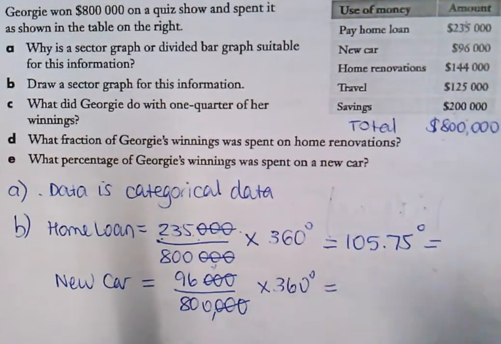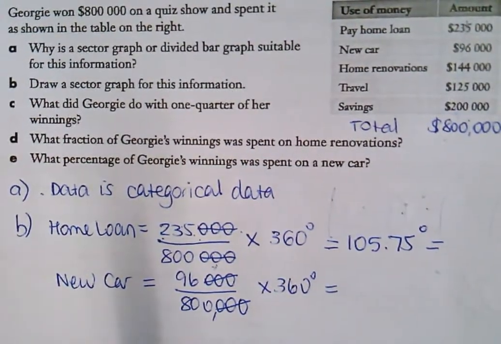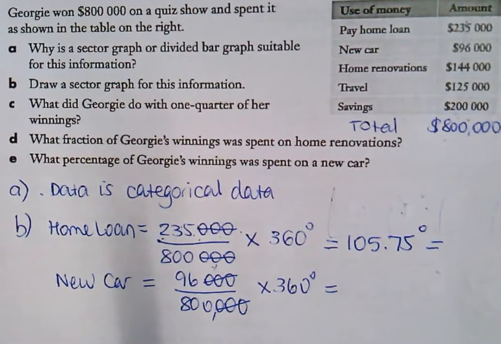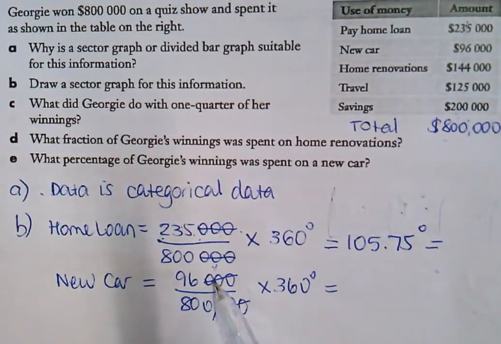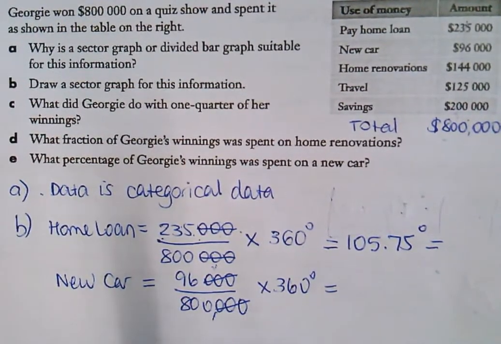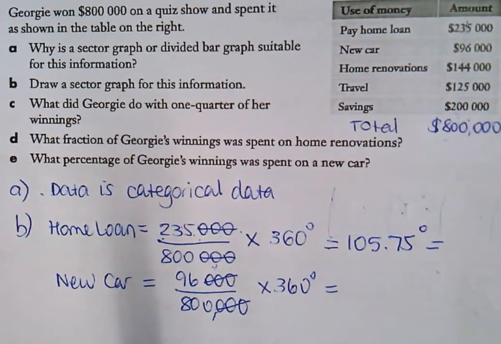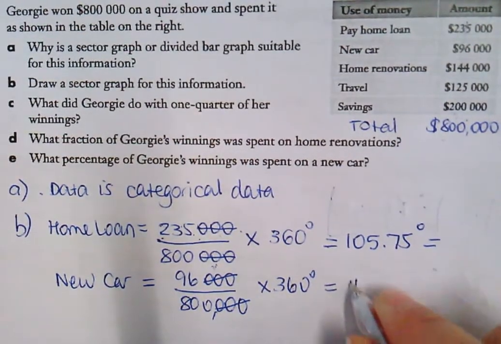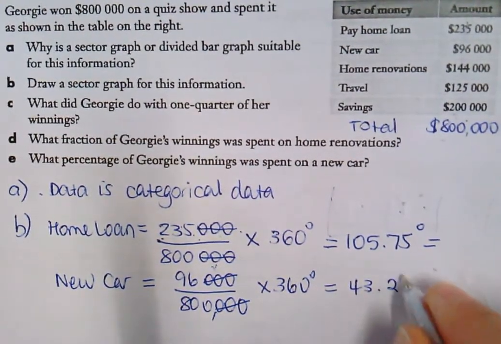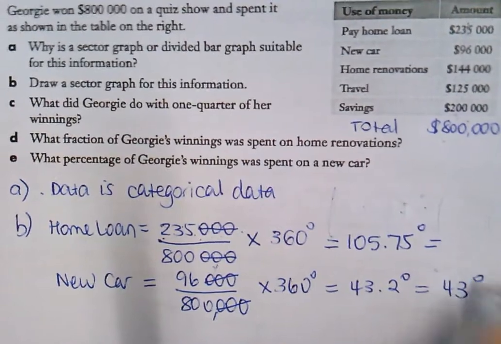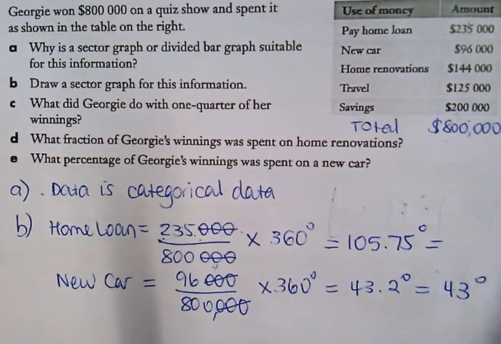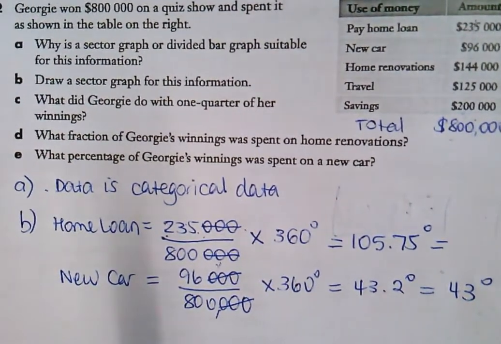So really you could just do 96 over 800 because the chances of incorrectly inputting the zeros are pretty high if you're not careful. So what have we got? Well, it's less than a quarter, isn't it? Yeah, it's a lot less than a quarter. 43 point. Yeah, I think this one will definitely round down to 43. The other one will more than likely be 106, but we'll just leave it for a minute.